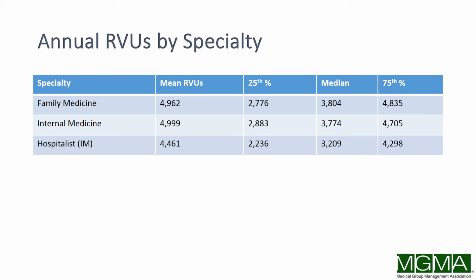When you go to an inpatient-only practice, such as an internal medicine hospitalist, the number of mean RVUs is a bit lower at 4,500 per year, with a median of 3,200. The distribution is clearly skewed to higher productivity, but that's because there are often outliers that produce very heavily.